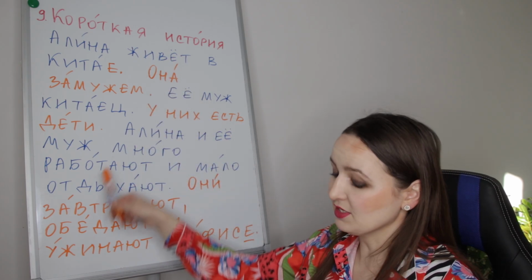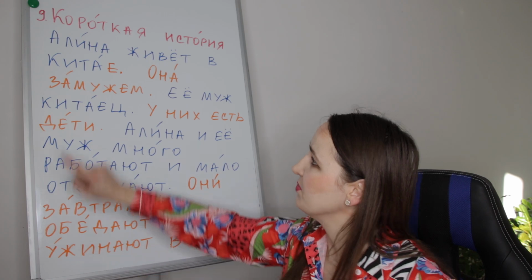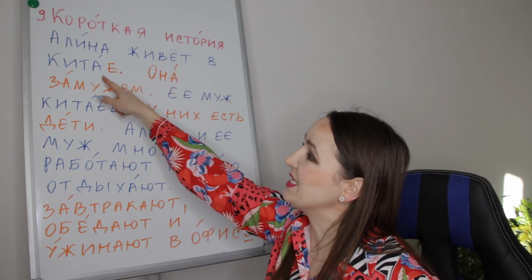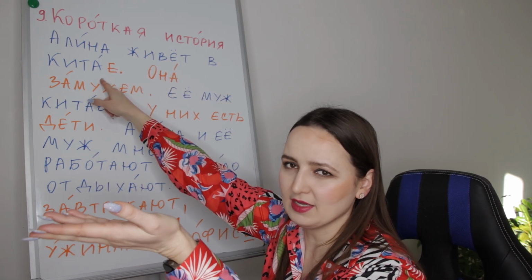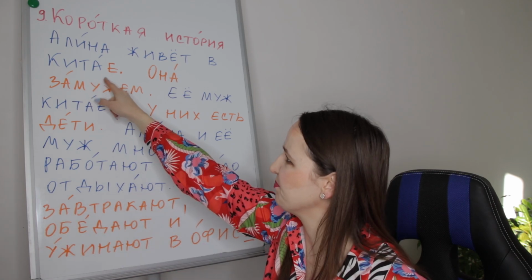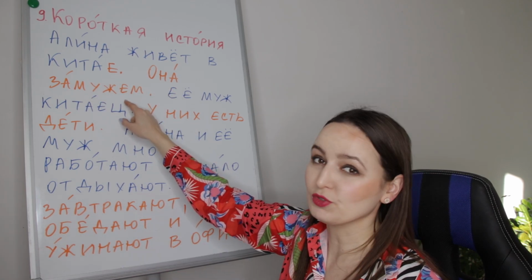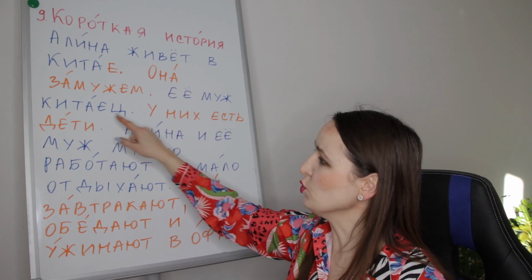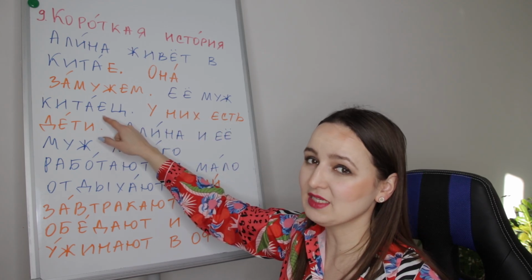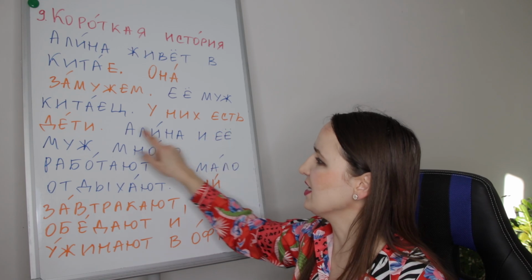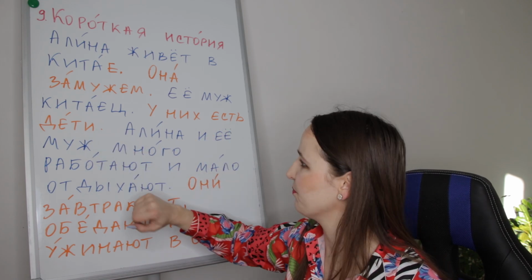Отлично. Let's read it one more time and we are done. Алина живет в Китае. Где? Where? In China, prepositional case. Она замужем. She's married. Ее муж китаец. Her husband is Chinese. У них есть дети. They have kids.